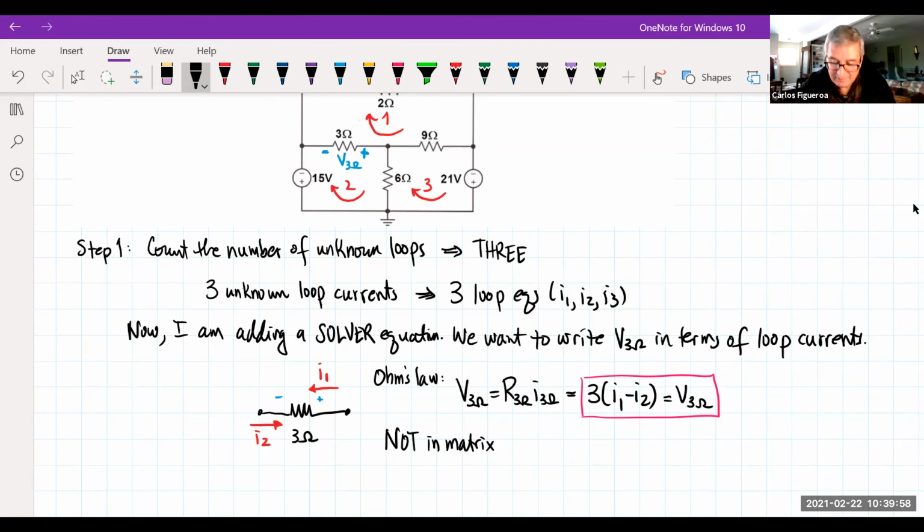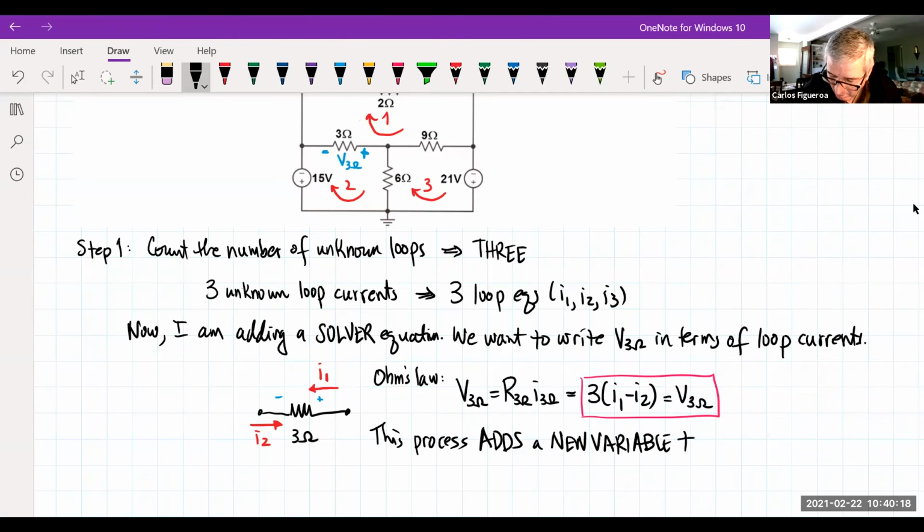Before I say that, let me be careful here. That's not really where I want to go right now. This process adds a new variable to solve for in the matrix process.